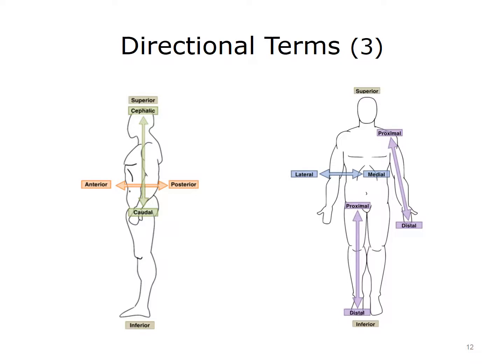As you have seen, there are many directional terms that can be used to describe one body position in relation to another. The directional terms are illustrated for you here.